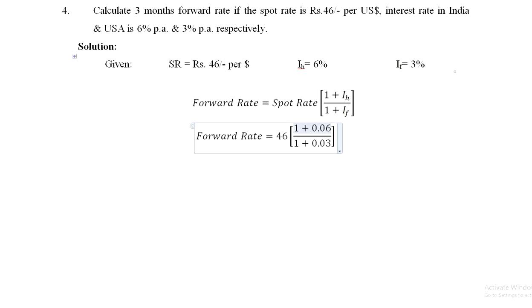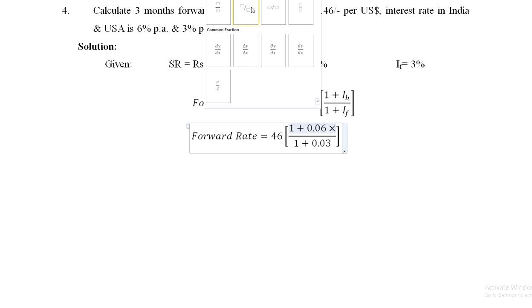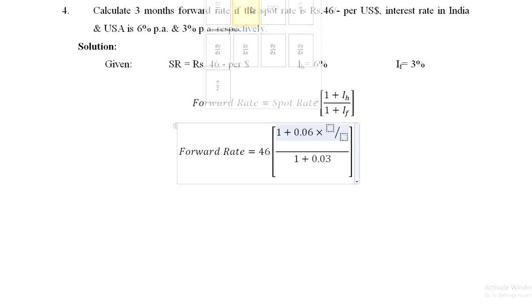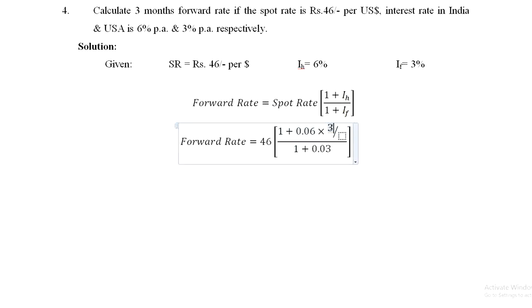So what we have to do is come out with only the 3 months rate of interest. In a year we have 12 months, right? Similarly for this also we have to do it in the same way, because the interest rate is paid for 3 months.